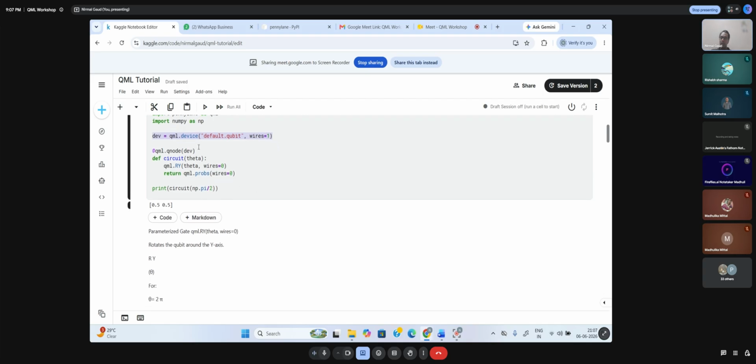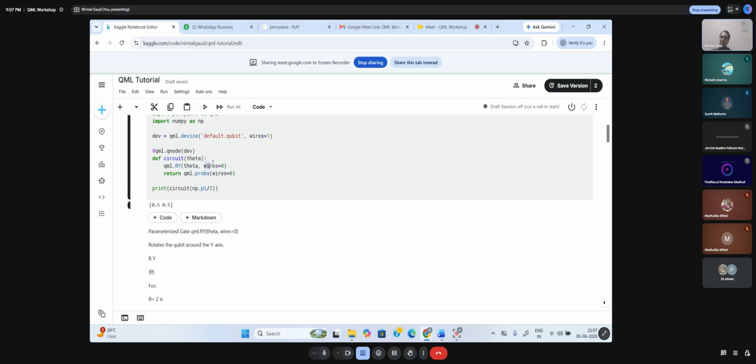Create a node, and in this node you need to define a circuit where wires are present, and they are going to create superposition. So take a rotation as a function, as a unitary function. Above we took Hadamard, now we are taking rotation. Theta is the parameter.